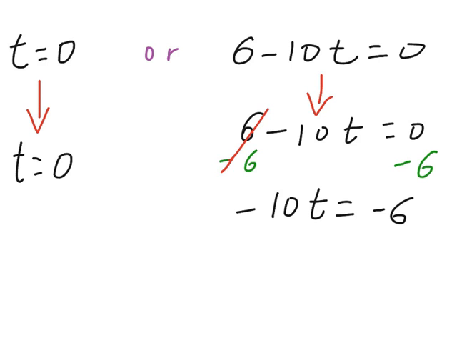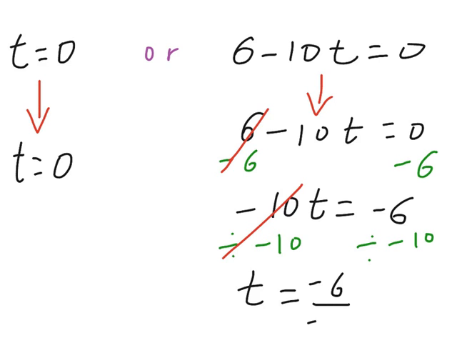To get rid of minus 10, I can divide both sides by negative 10. Then these cancel. And that means that t must equal minus 6 divided by minus 10. Another way to write divide is in fraction form. And this is equal to 0.6.